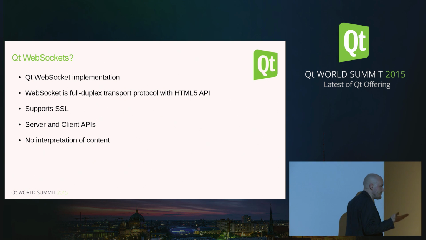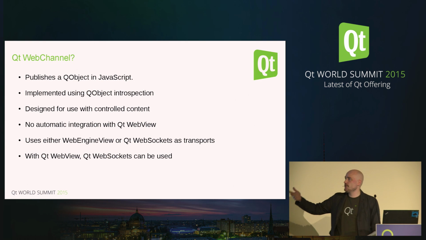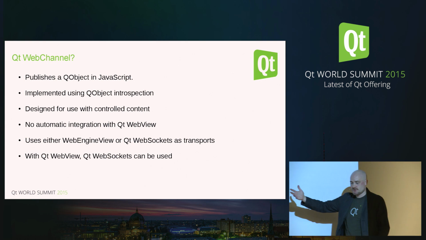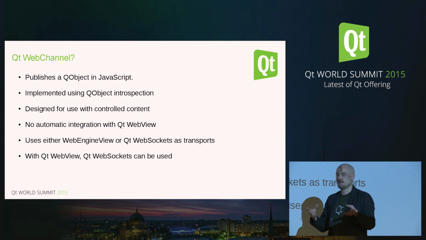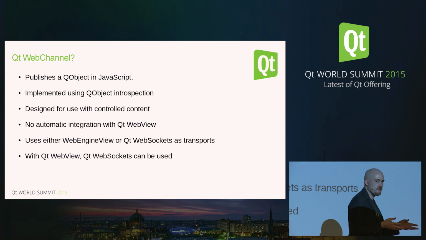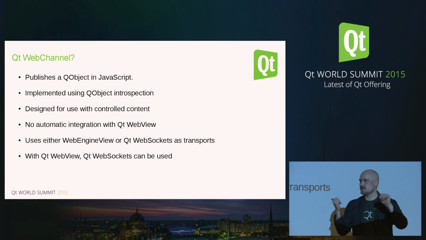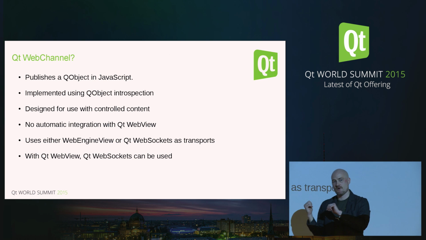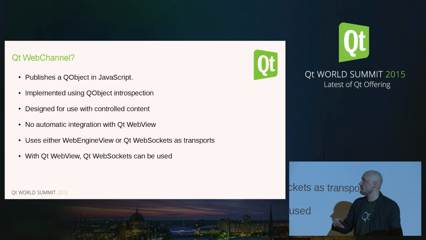I mean, that is the same as you would with any TCP socket. And that can be used by Qt WebChannel to communicate with these QObjects, so it can push a definition of a QObject to JavaScript. So JavaScript can call it, and when JavaScript calls some of those definitions, it can do callbacks back over WebSockets and execute these things.